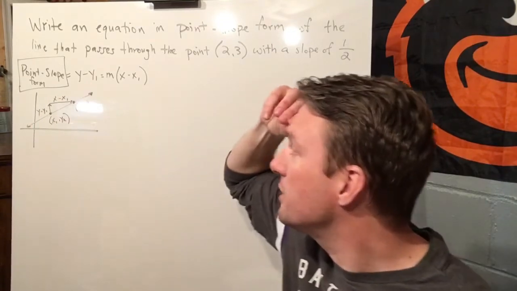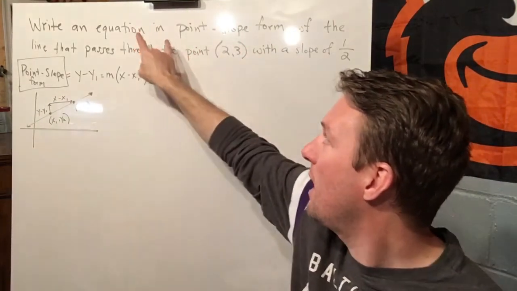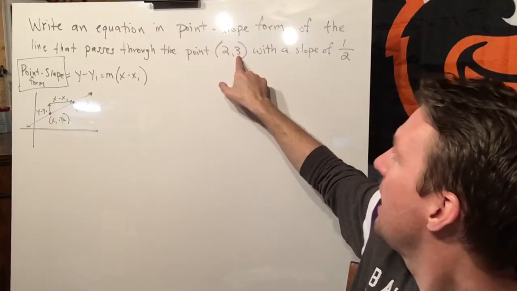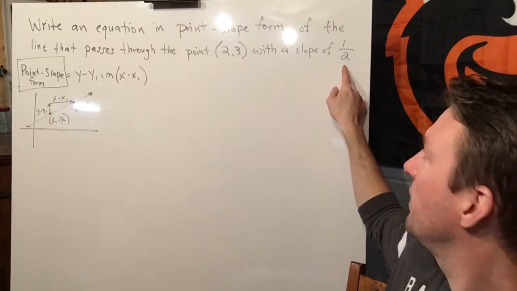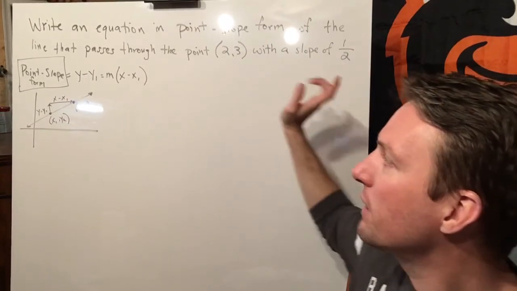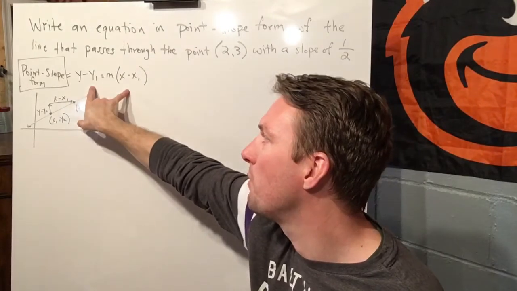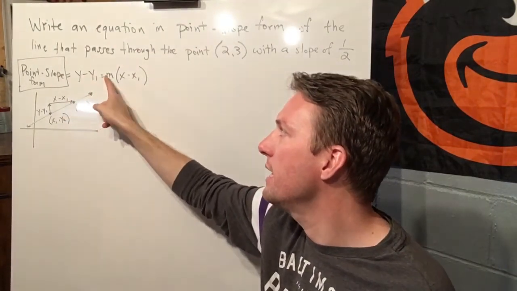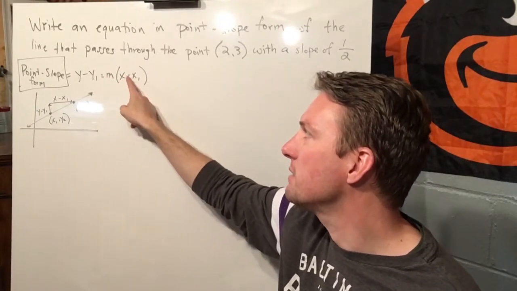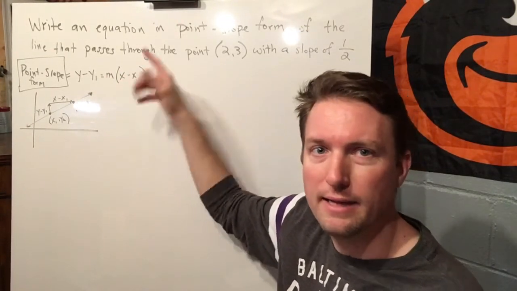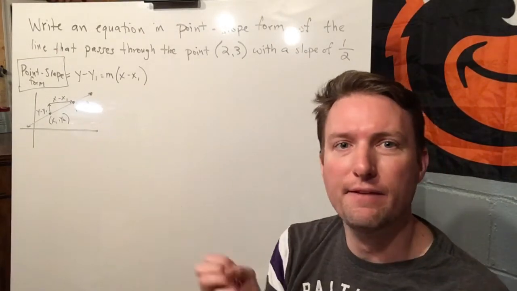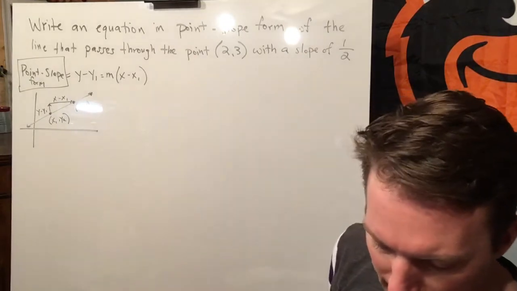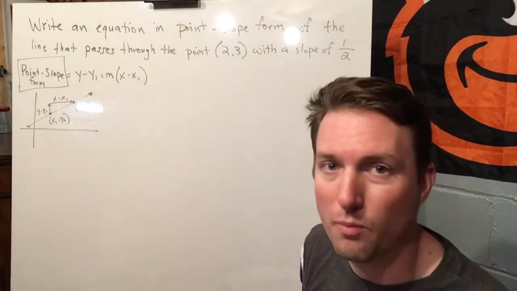Now, what we're going to do is we're going to take, when we have 2 points, like 2 and 3, and the slope, they're giving us a slope of 1/2, and we're going to plug it into our point slope form equation, which is y minus y1 equals m times x minus x1. And again, it's just a fancy way of taking the information that we have and putting it in an equation to convey both the x and y coordinates on a line and the slope of the line.